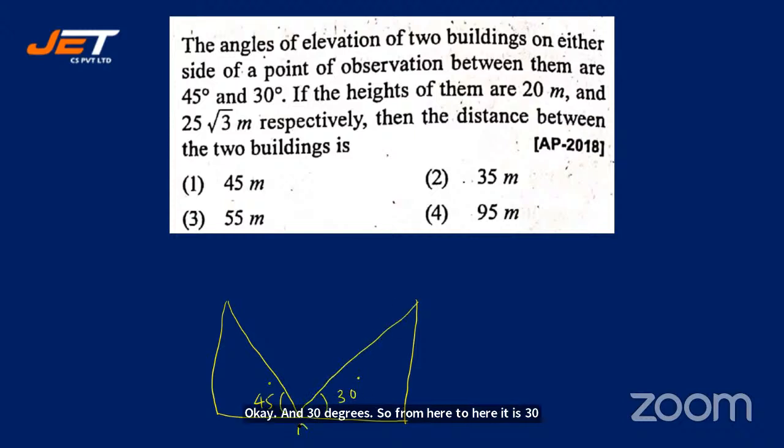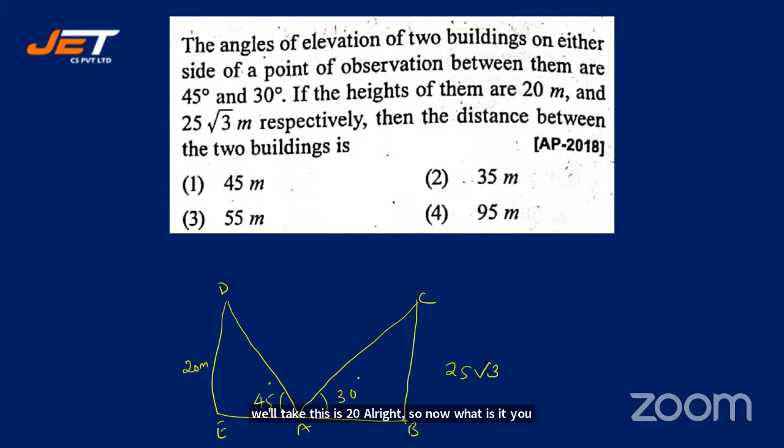So let's put this as A, this as B, this as C, this as D, and this as E. And he says the heights of them are 20 meters and 25 root 3. So we take this as 20 meters and here it is 25 root 3. Now what are you asked to find out?